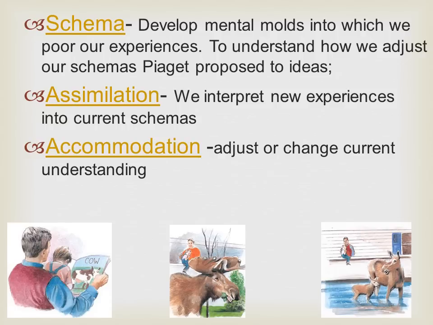He sees a moose. What Johnny's going to do is try and call it a cow. Assimilate. Cow, cow. The dad says, no, that's a moose. So then he has a new schema for moose. Moose. And that's when he accommodated it. He adjusts or creates a new understanding.